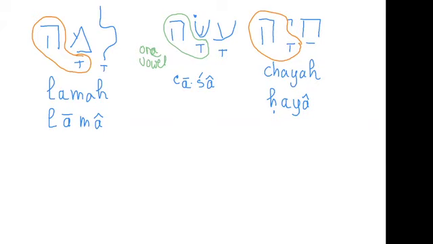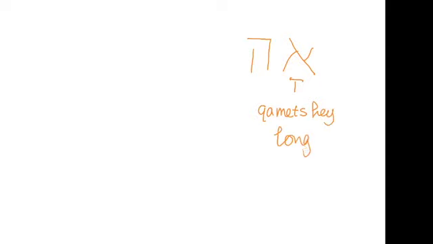The summary. When we have this combination, it is called the kametz he, and it is long. When we have this combination, it's just a Kametz.